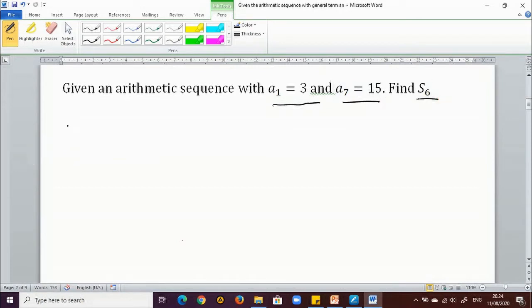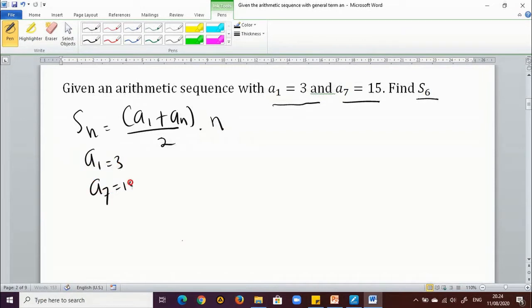Okay, remember that Sn is equal to the first term plus the nth term over 2 times n, everyone. From here, you already know the first term is 3 and the seventh term is 15. So first you need to find D. To find D, you can use the seventh term.